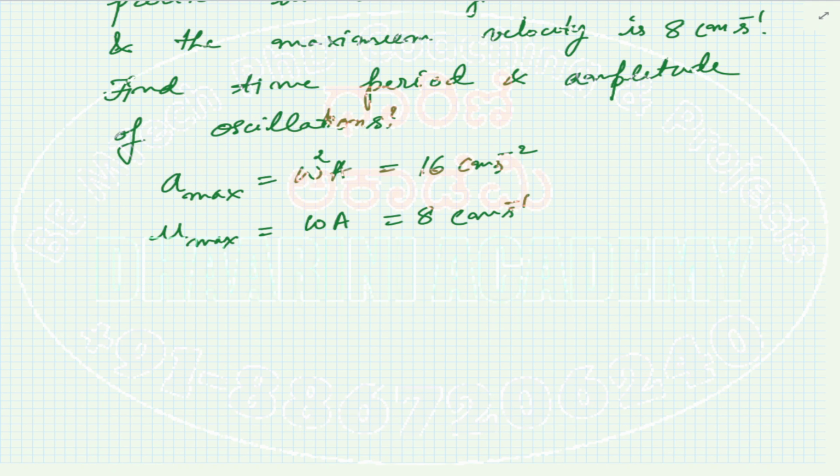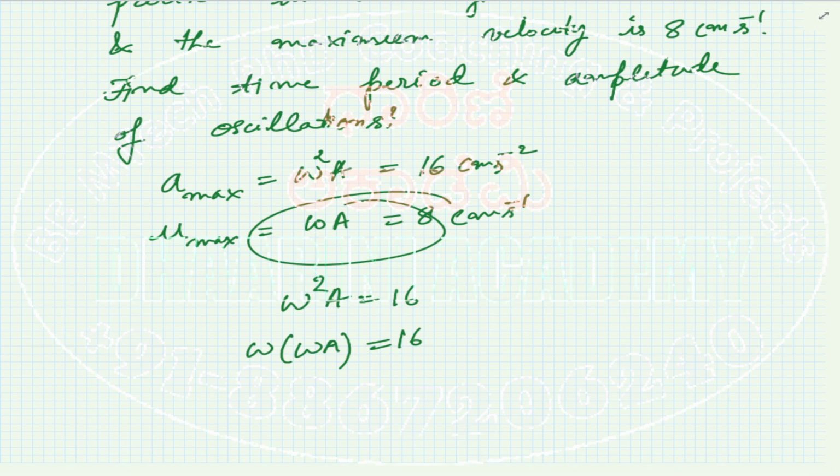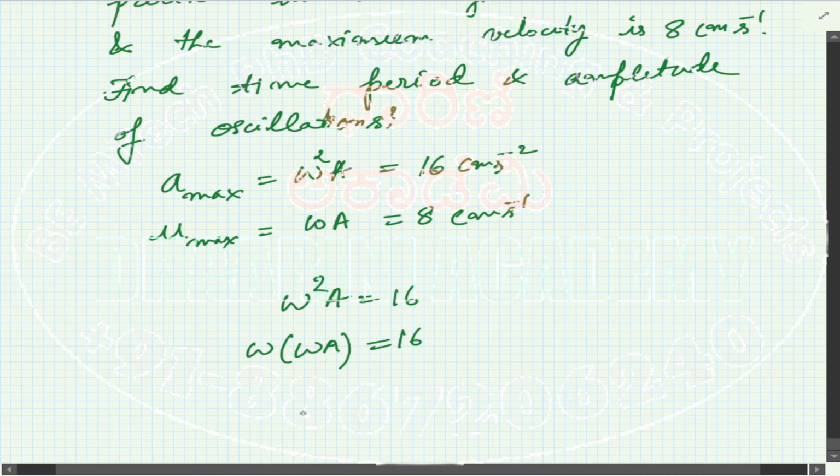Okay, now so omega square a has a omega a, correct? So we know that omega square a is equal to 16. So I can write omega square a is omega into omega a. That is equal to 16. But from this I know that omega a is 8. So that means omega into 8 is equal to 16.